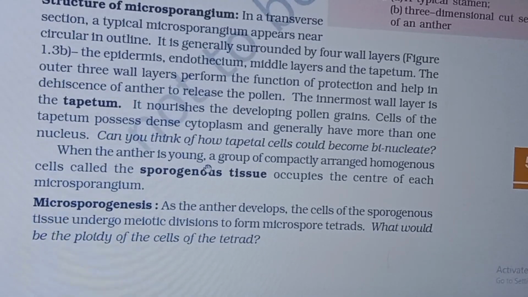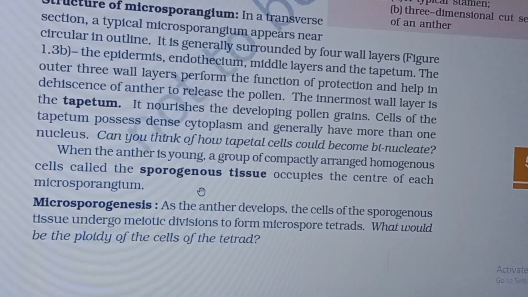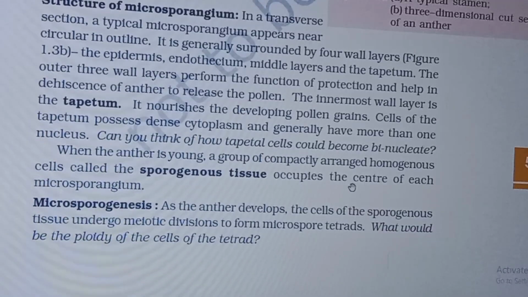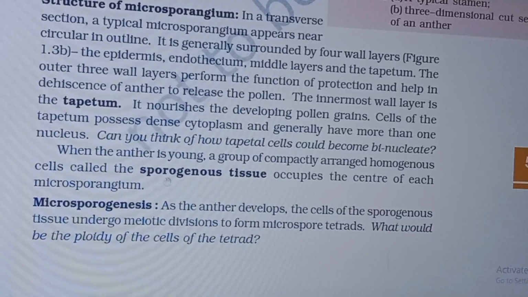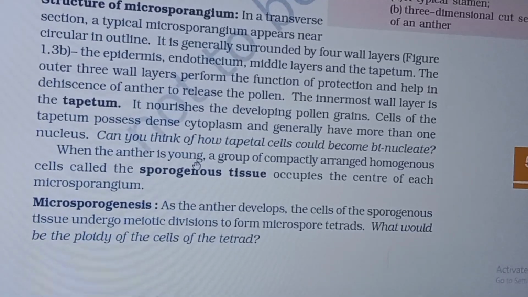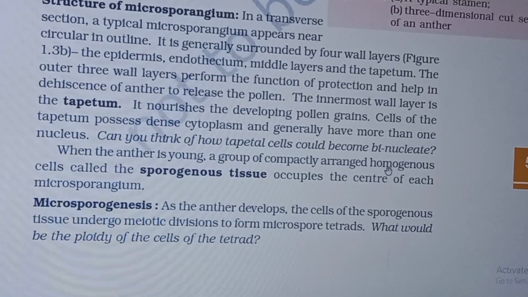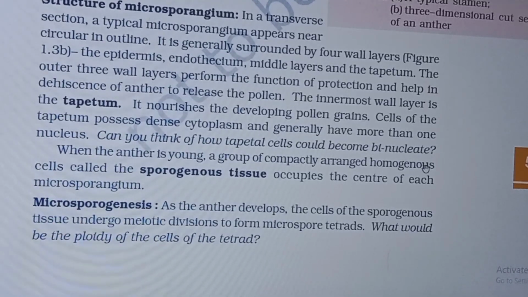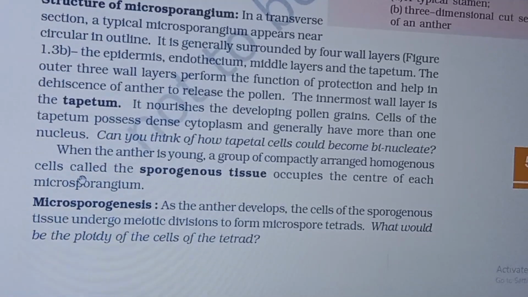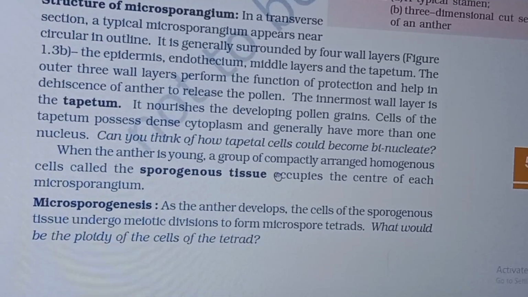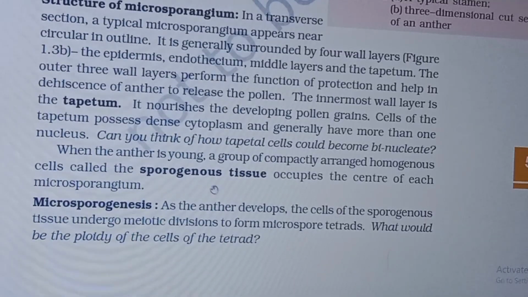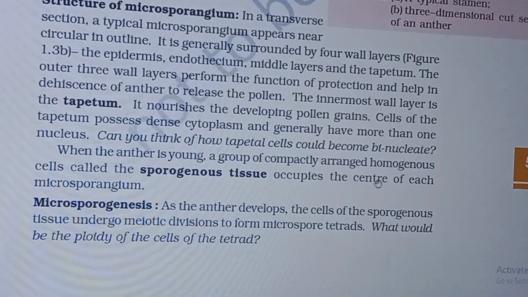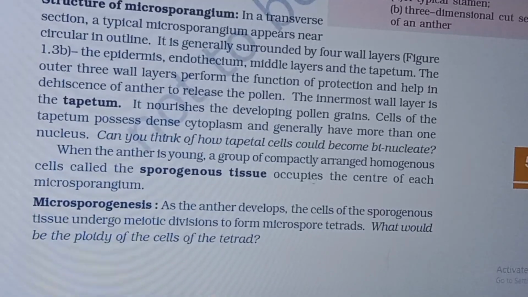When the anther is young, a group of compactly arranged homogeneous cells, not heterogeneous cells, called the sporogenous tissue occupies the center of each microsporangium.